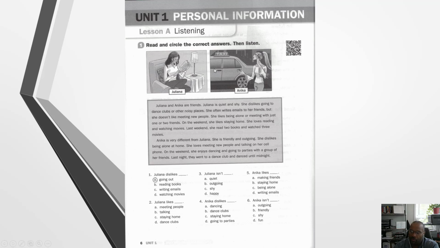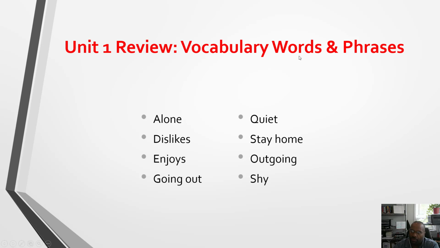We can see how different they are, and we can pretty much guess what their personality traits are. So that's where we started. Let's review some of the vocabulary words and phrases that we've used in this unit.